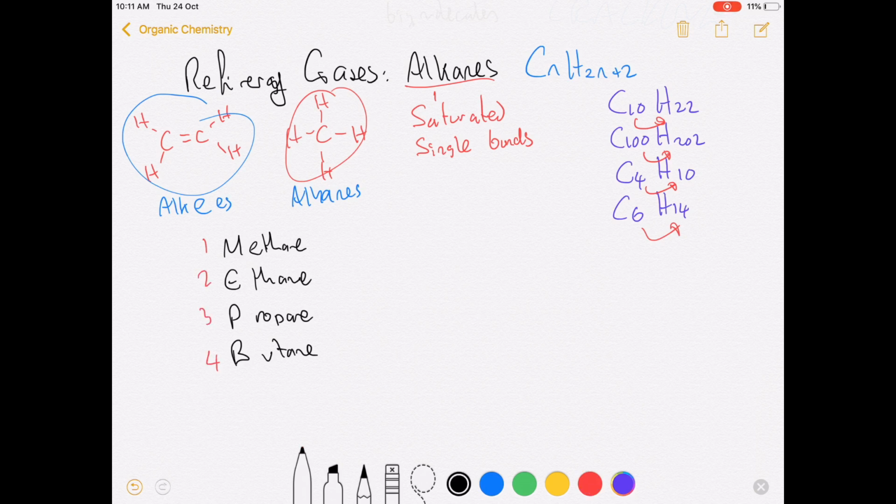After that, it just goes on, just like shapes, so pentane and hexane. You get the idea. Methane has 1 carbon, ethane has 2, propane has 3, and butane has 4.